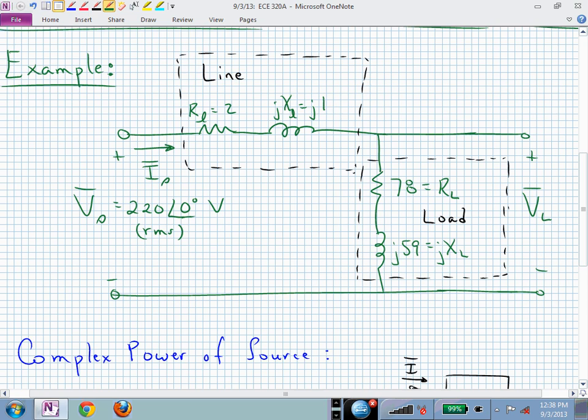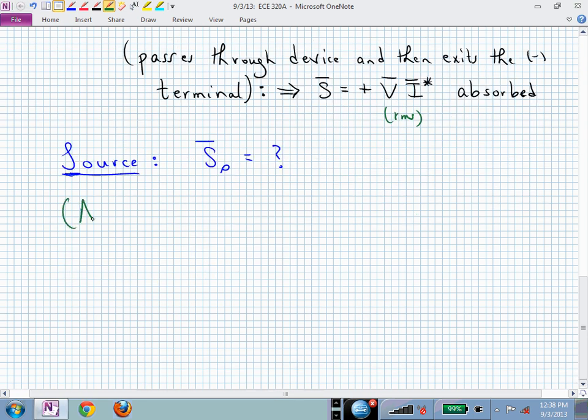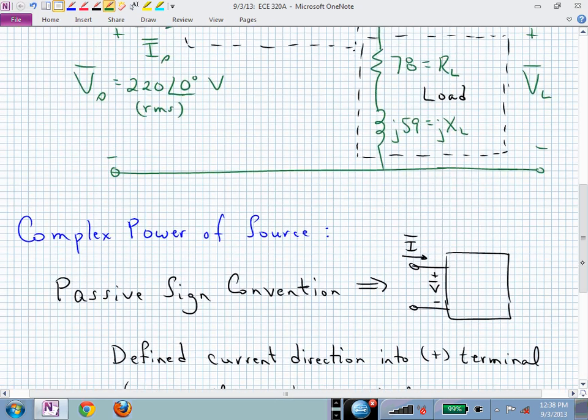And how do you figure that out? I'm going to call that this complex number S sub S.